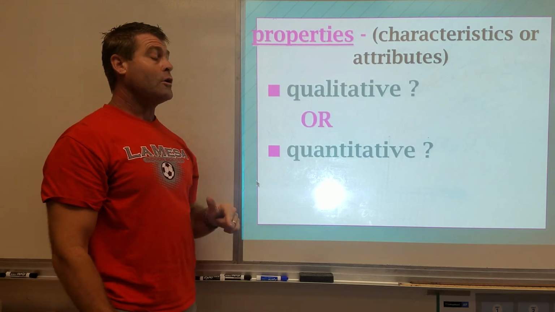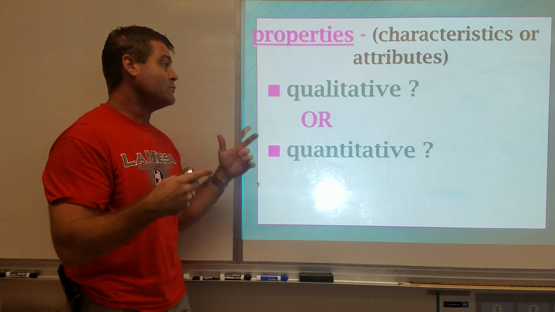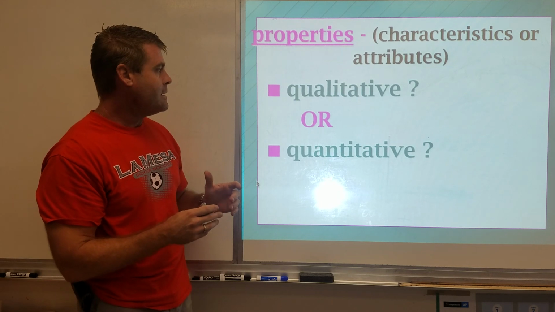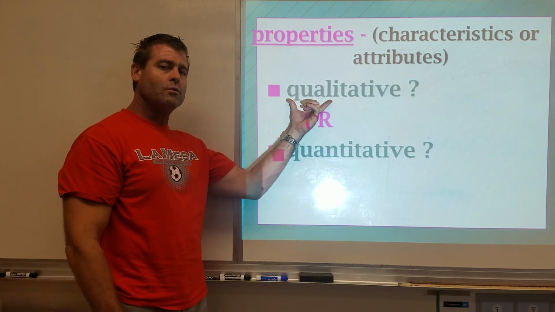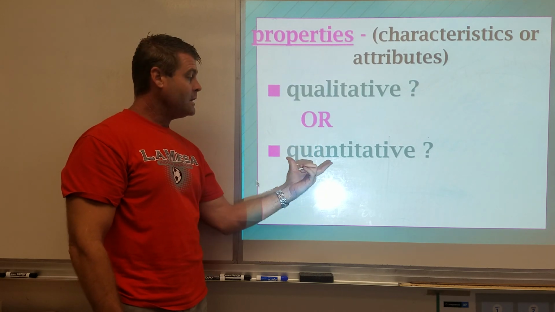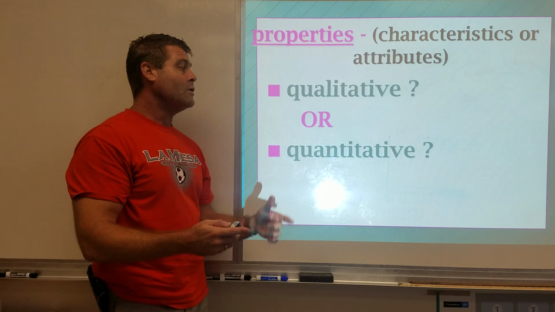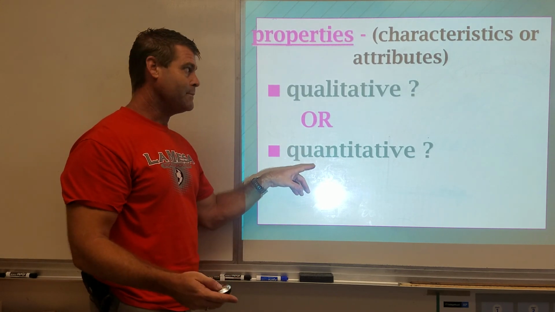We can have qualitative properties or quantitative properties. To understand the difference, when you see words you haven't seen before, look at the root or the base of it. Qualitative sounds like the word quality. Quantitative sounds like quantity, which has to do with numbers.